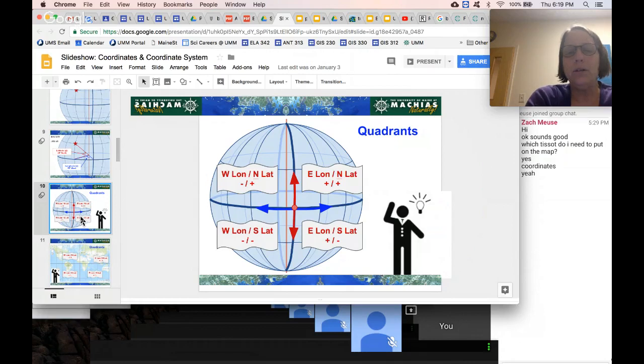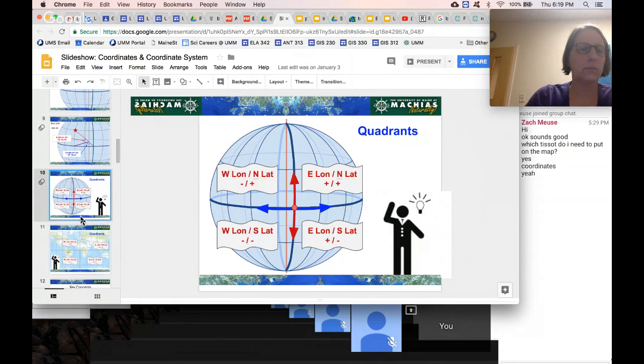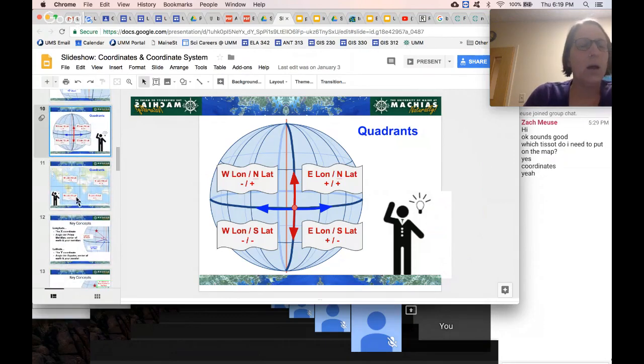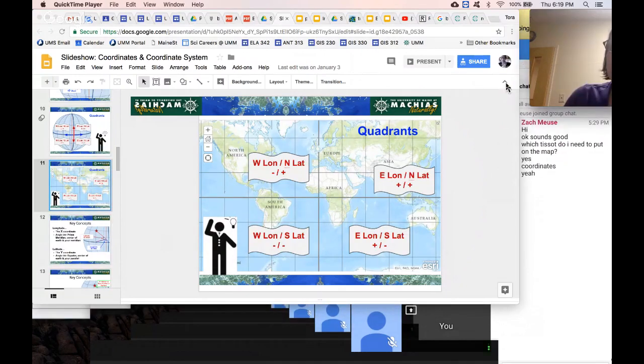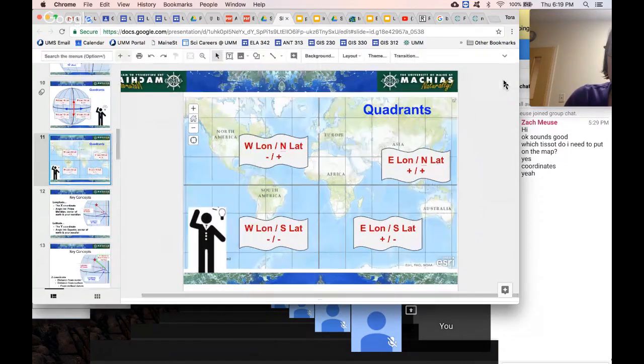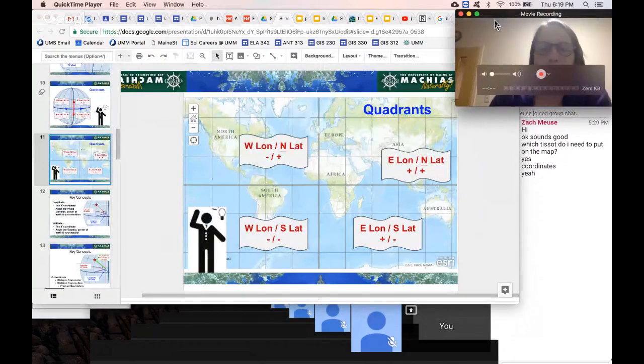So latitude and longitude are typically expressed in positive or negative degrees, and degrees, minutes, and seconds. And so we divide the world into quadrants, and here's what those quadrants look like. Let me make this a little bigger so you can see it a little better.